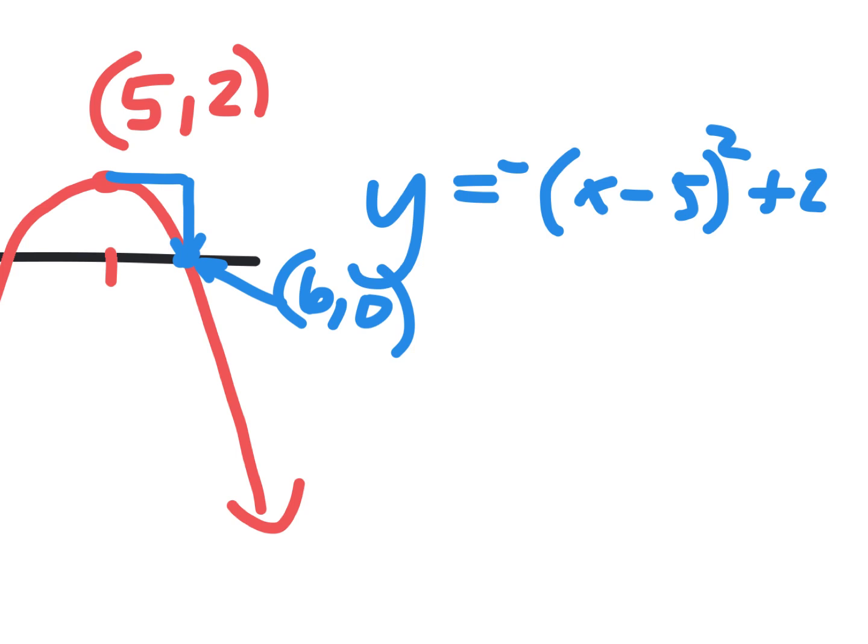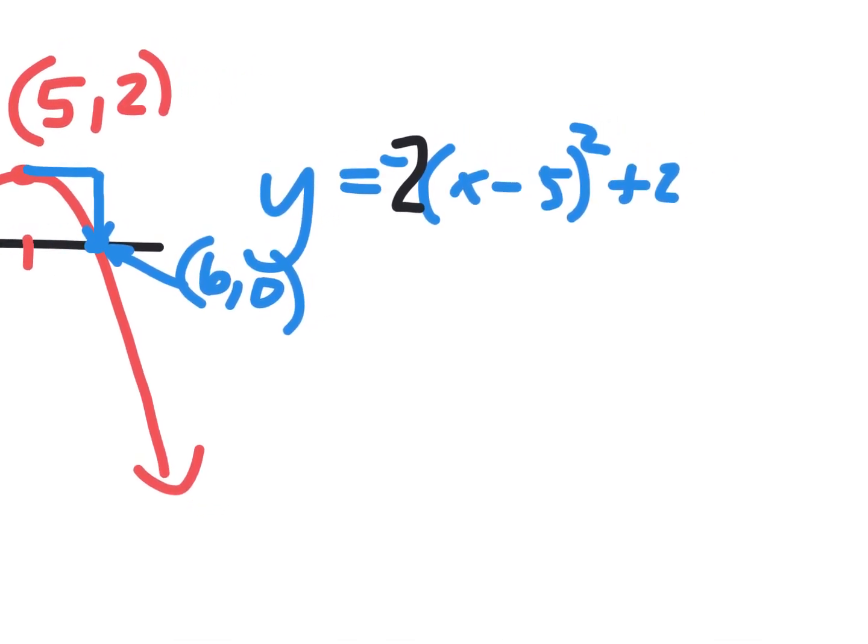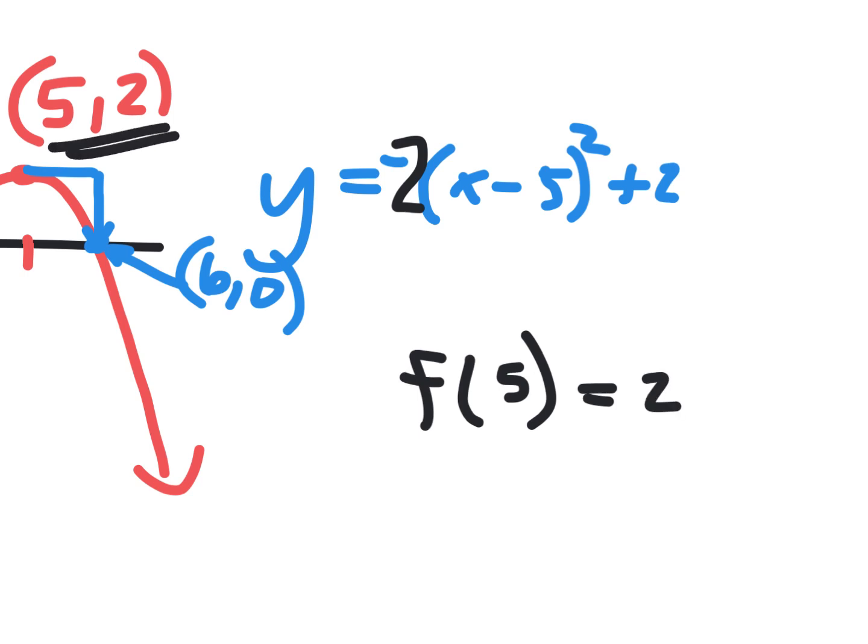Do you get that means the stretch factor was a 2? Okay. Now, once I have this equation, what if I asked you for what's f of 5? Do you get it's really simple once I've got the equation? But if they'd asked me that before I had the equation, it would have been super confusing. But once I've got the equation, I just stick in a 5, and I hope that you realize that it comes out to 2, which makes sense because I have the point 5 comma 2.